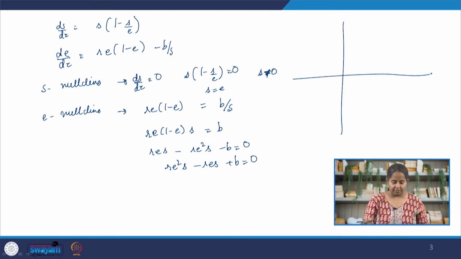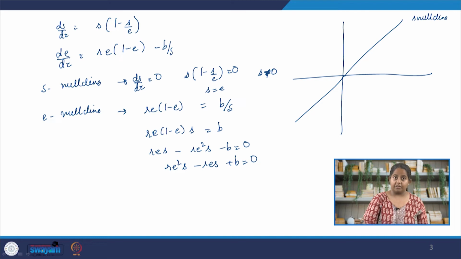So if we draw this equation, the S null line is very simple. We get a line like this. So this is our S null line when dS by d tau is 0.